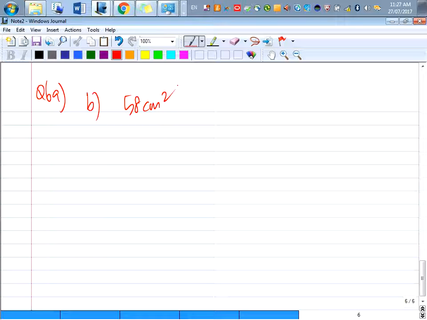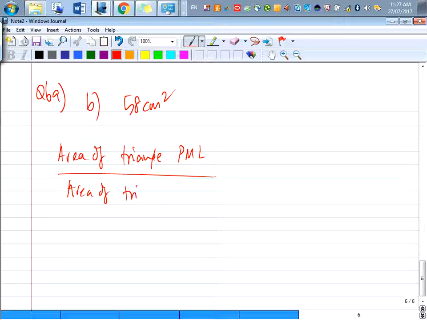Okay, PML. Area of triangle PML over area of triangle LMQ.